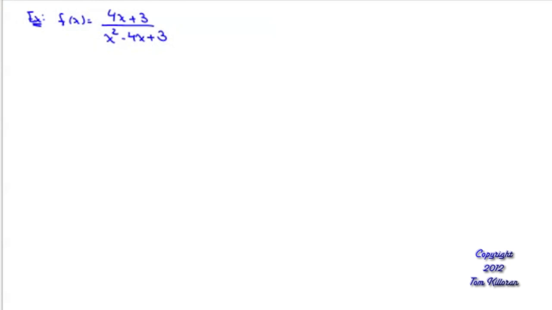And then x-intercepts and y-intercepts are just natural. They should be natural to you by now because we've done them so often. So let's start off with the easy one, I think. How do you find a vertical asymptote?